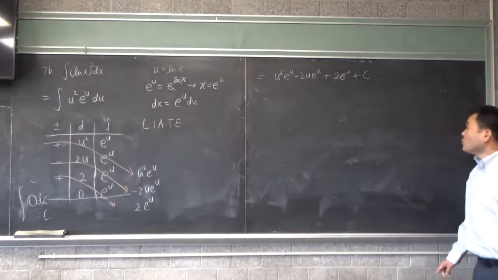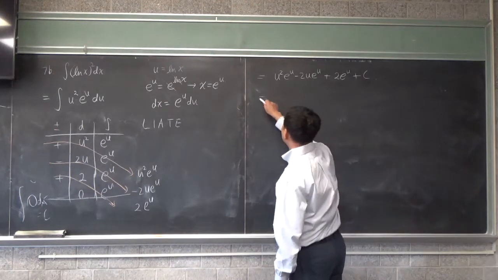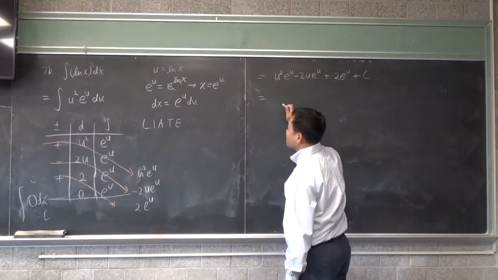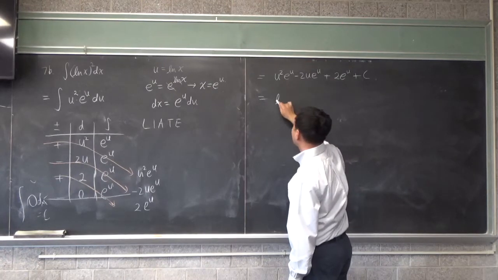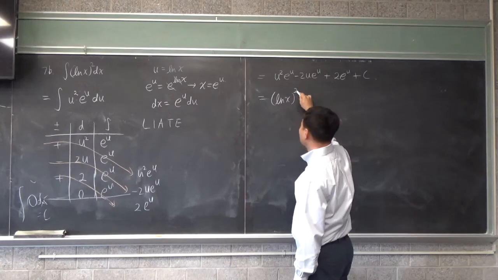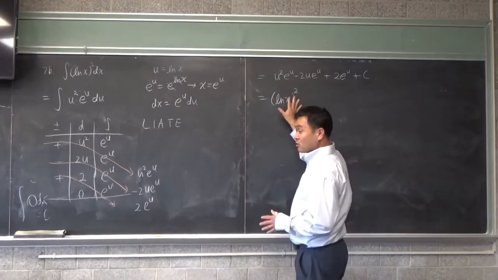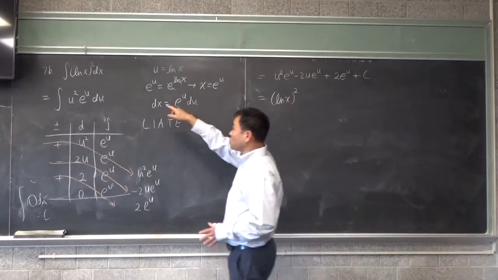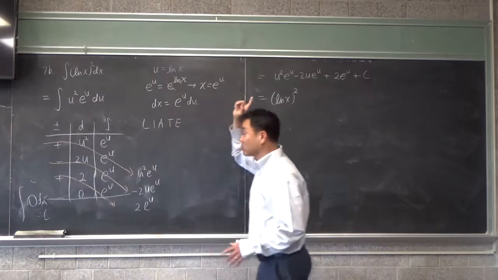Okay. So we're not done yet. I meant that u is ln of x, right? u is ln of x, and you have to write it as such, okay? Because the original question was in terms of x, your answer should be in terms of x.